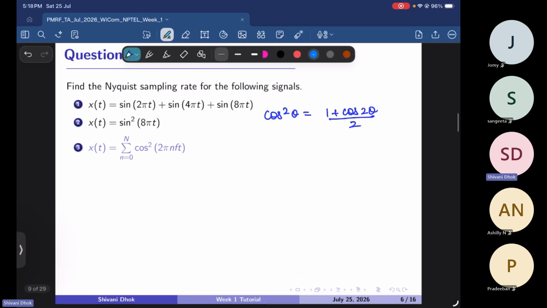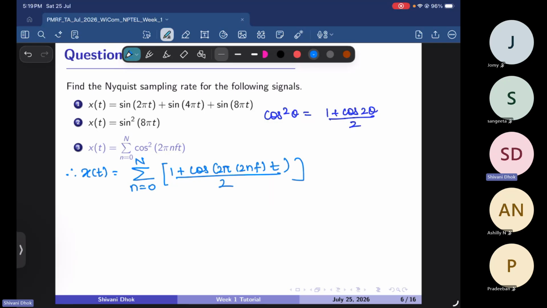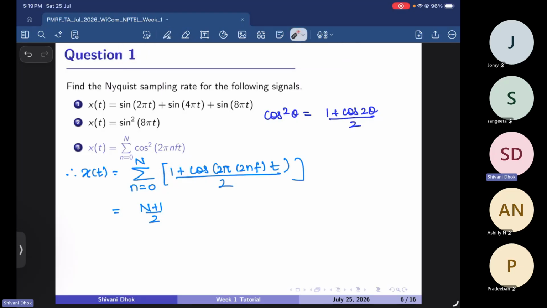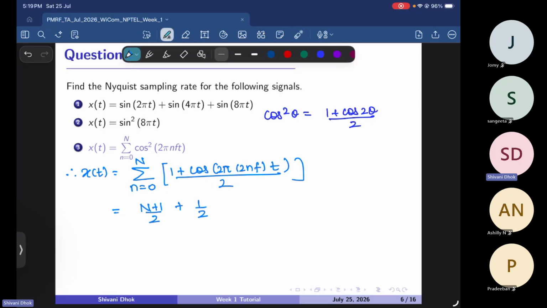Therefore, x of t is summation n from 0 to capital N of 1 plus cos of 2 pi 2n f t, whole divided by 2. This is equal to N plus 1 by 2, which comes from this 1, plus half of summation n running from 0 to N of cos of 2 pi 2n f t.